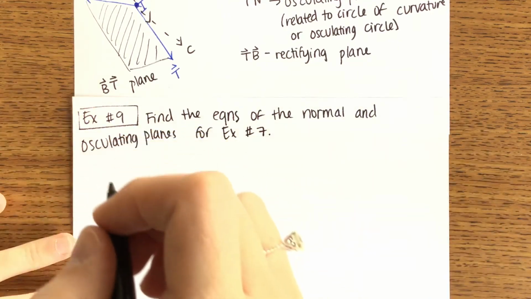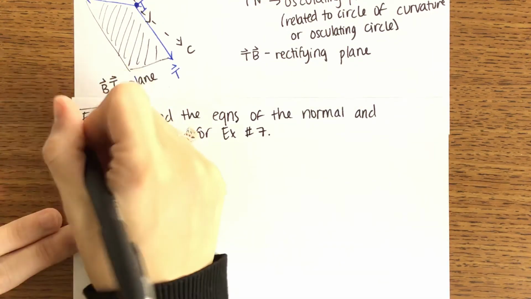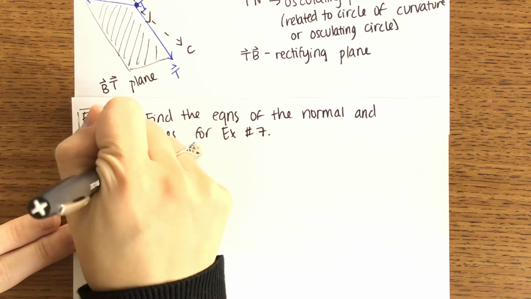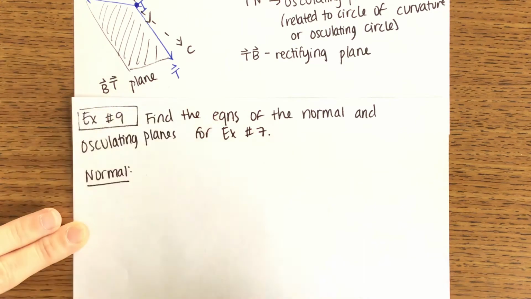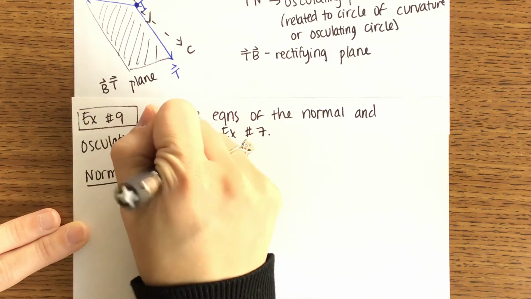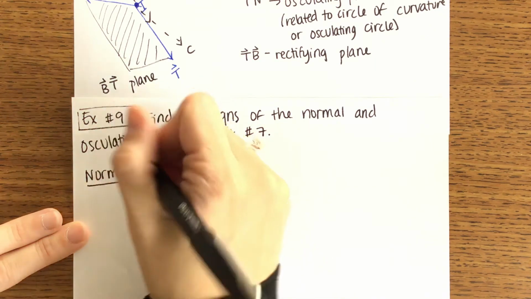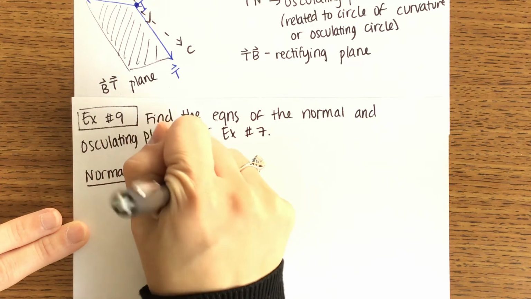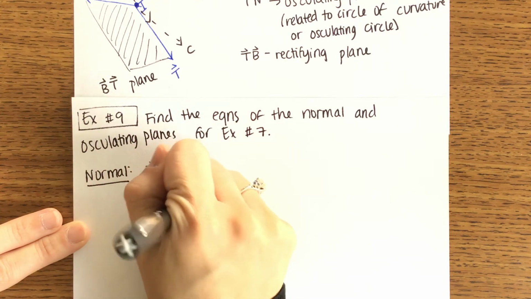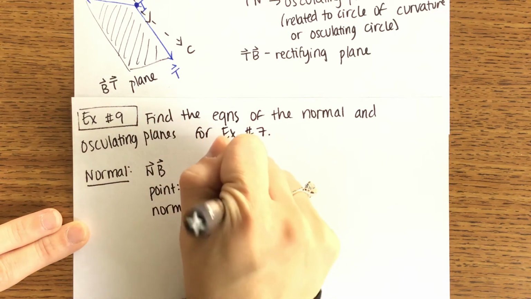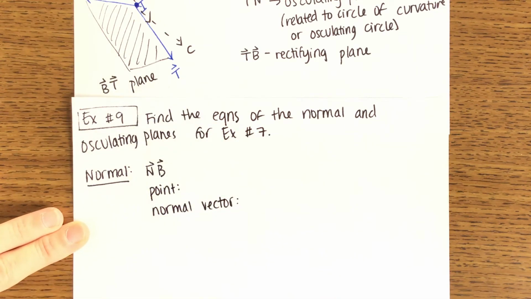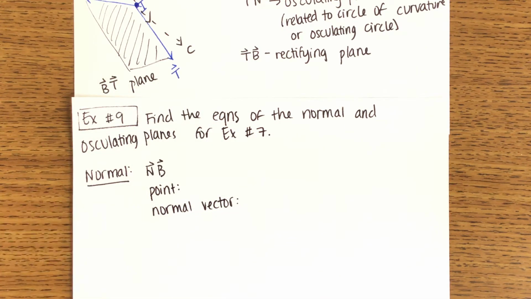Okay. So we have to find the normal plane first, or I guess it really doesn't matter which one we find first. That is the normal vector and the binormal vector. So like we said, we need a point, and we need a normal vector. How do I find a point that is on this plane?